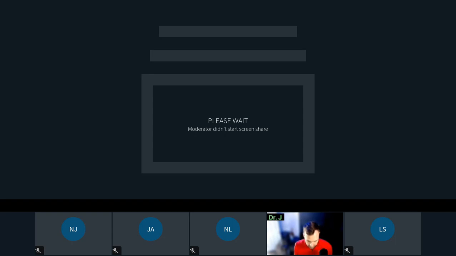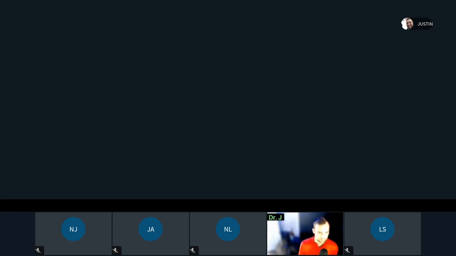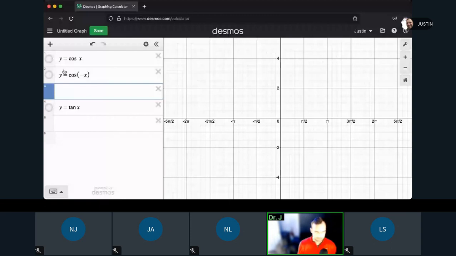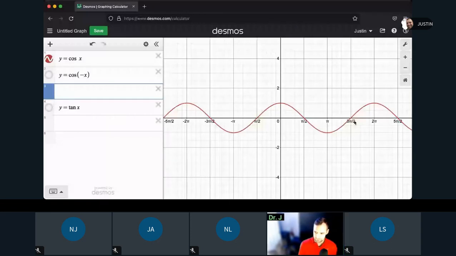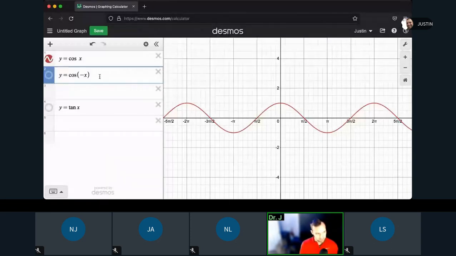So we have cosine, and to be considered even, it has to match f of negative x. In other words, it wants us to plug in negative x wherever we have x. If I plug that in and turn this on, look, it's right on top. Turn this one off. Right on top. So that's another way you can check graphically.